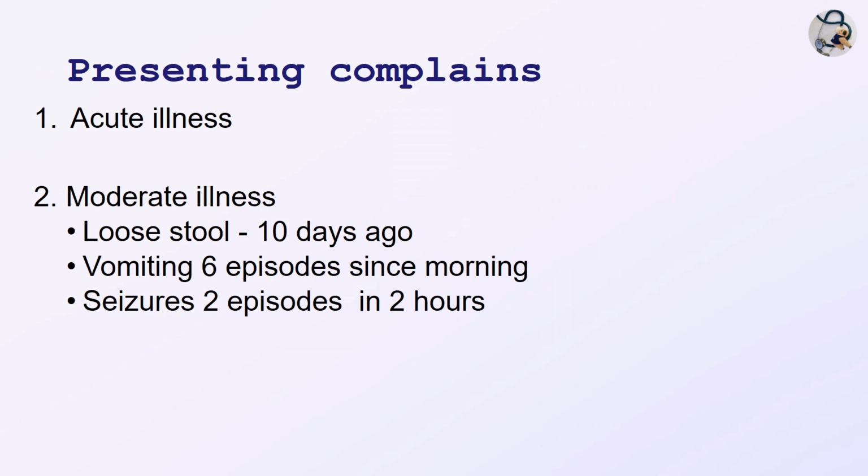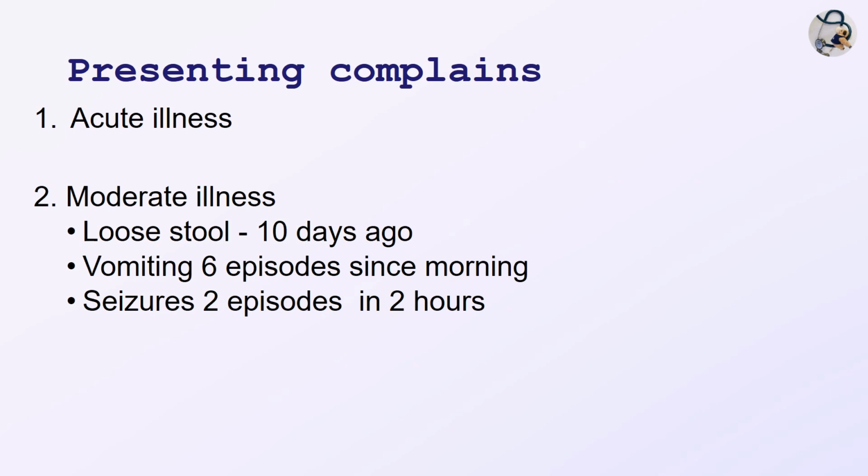Then the history of presenting complaints. In pediatrics, the history of presenting complaints are of different types. Number one, it can be acute illness. This means the illness lasting for just a few days. Fever for 2 days, cough for 2 days. So this is acute illness. Another pattern is, it can be moderate illness.